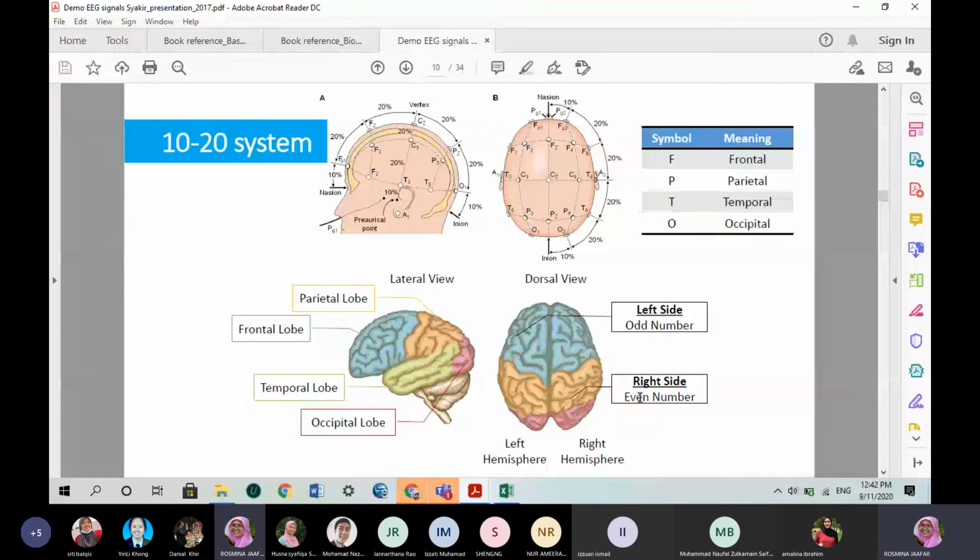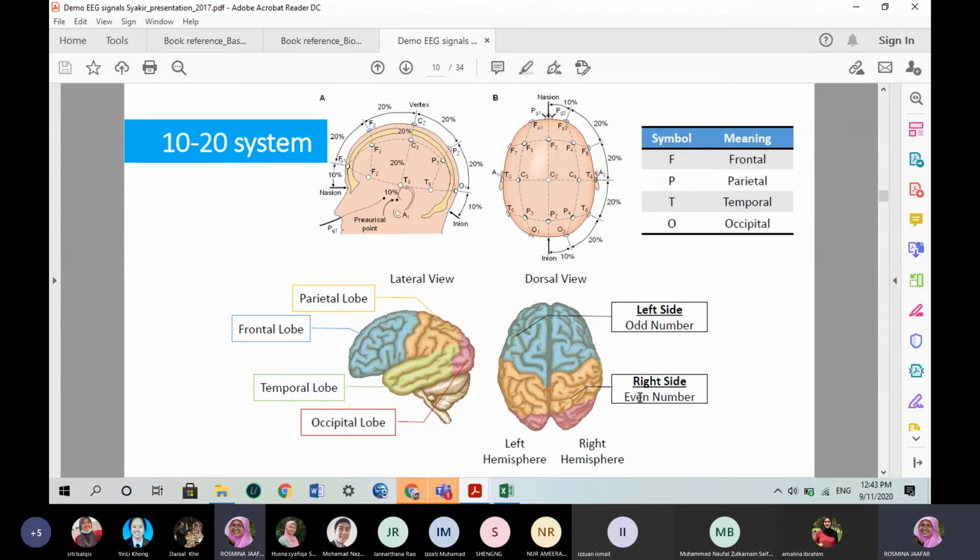So if the injury is on the left side of the brain, the right side of the body is difficult to control. So people having a stroke where the injury happens in the left, the right side will be affected. If the right side is affected, the left side of the body is affected.